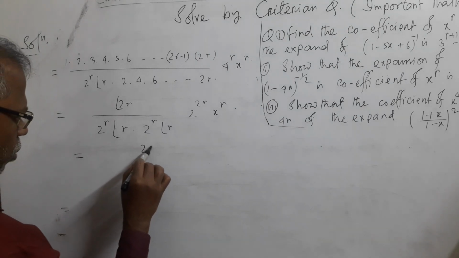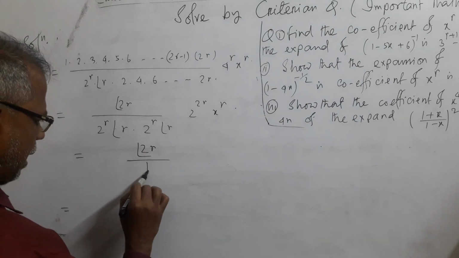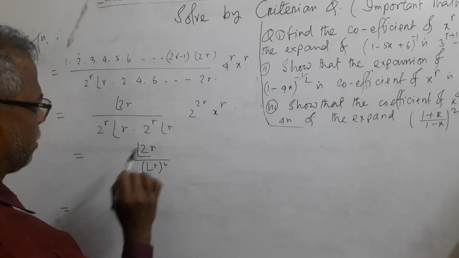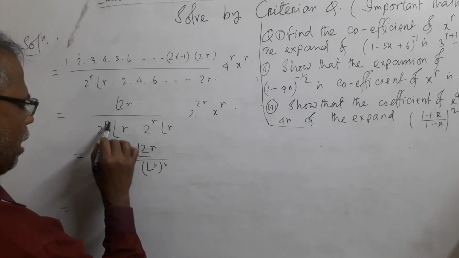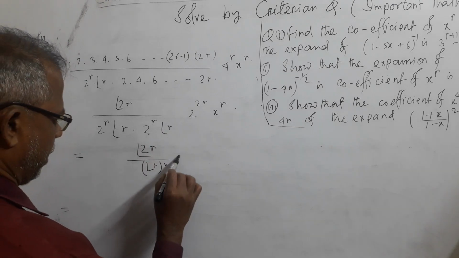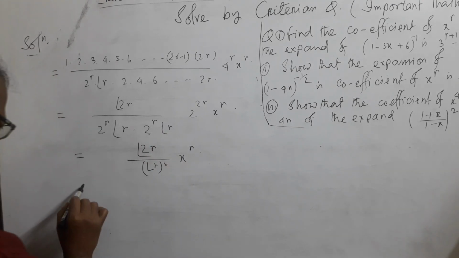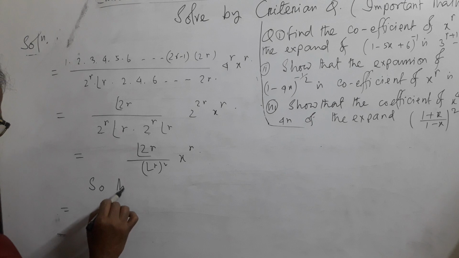That equals factorial 2r divided by 2 to the power 2r (factorial r) whole square and 2 to the power 2r, x to the power r.